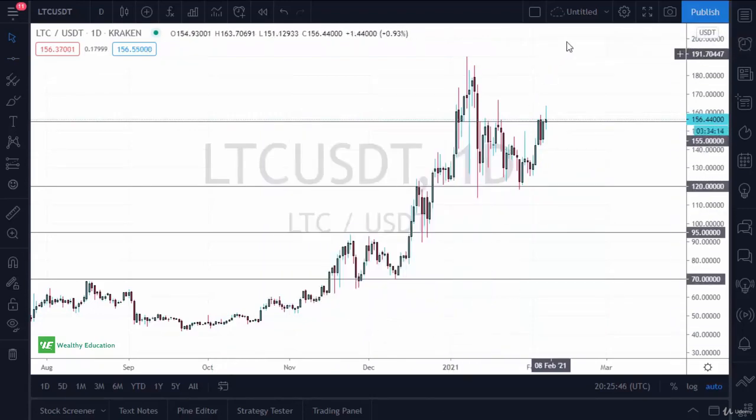Okay, so you can plainly see that this was resistance. It was resistance a couple of times, and then it broke through, became support. This became resistance, broke through, became support.